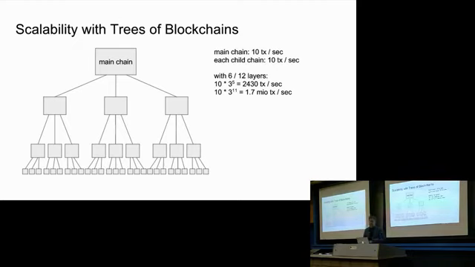So the child chains very far down are probably extremely cheap in terms of transaction costs, and the main chain is the most expensive. And so moving tokens around takes a little time because you have to wait for these objections, but it's not too expensive.